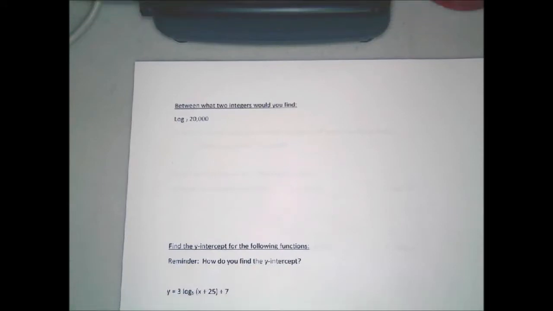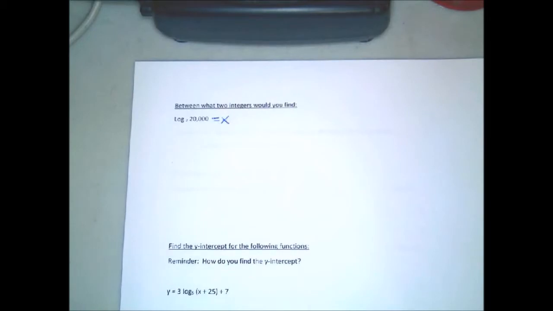Okay, the next concept: between what two integers will you find log base 7 of 2,000? Well, again, we're going to do the same thing we've done before. We're going to make it equal x, and we're going to go out of log form and into exponential form.